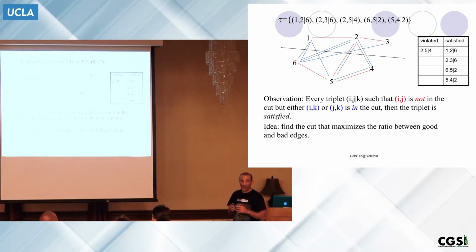If you've already cut the bad edge for that triplet, you can no longer be satisfied. Yeah, of course. And if I cut a bad edge, you can cut as many as you want, or you can also cut its good edges, but you violated that triplet. Yeah. Okay, so let's continue.